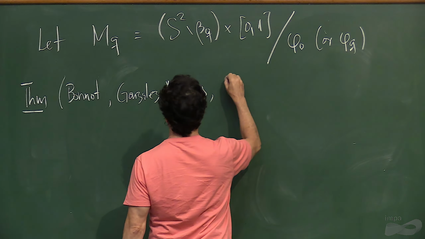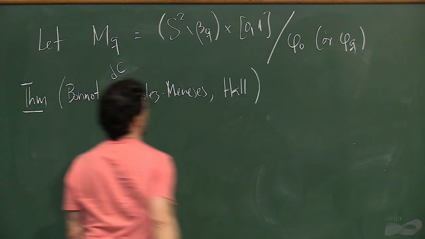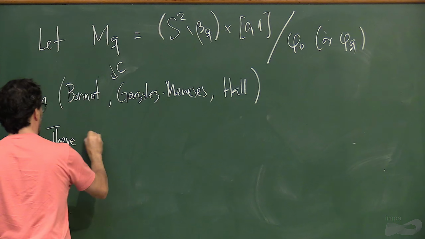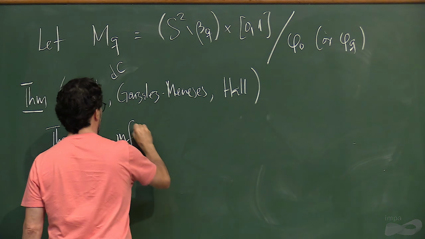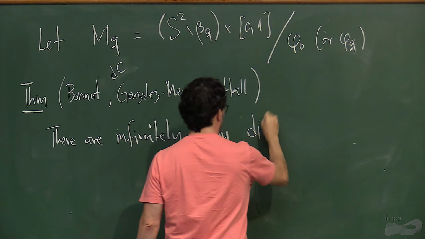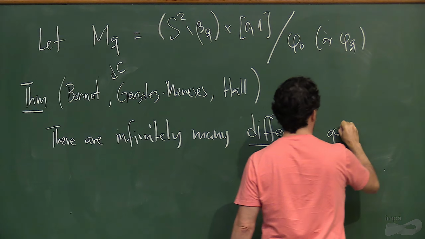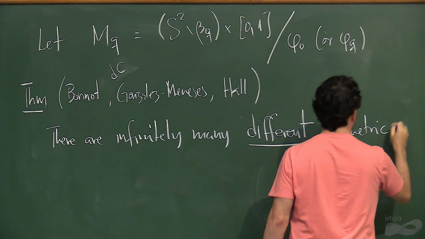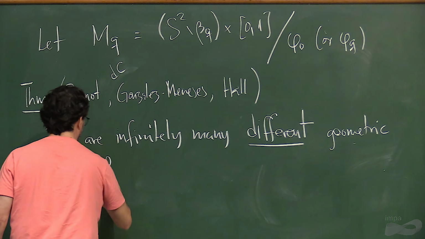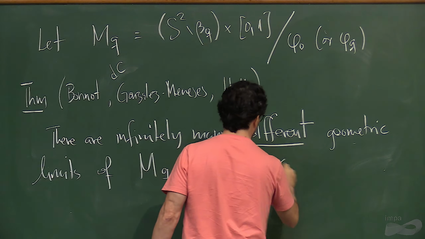Okay, me and Toby, that there are infinitely many different geometric limits, limits of the M q as q tends to 0.